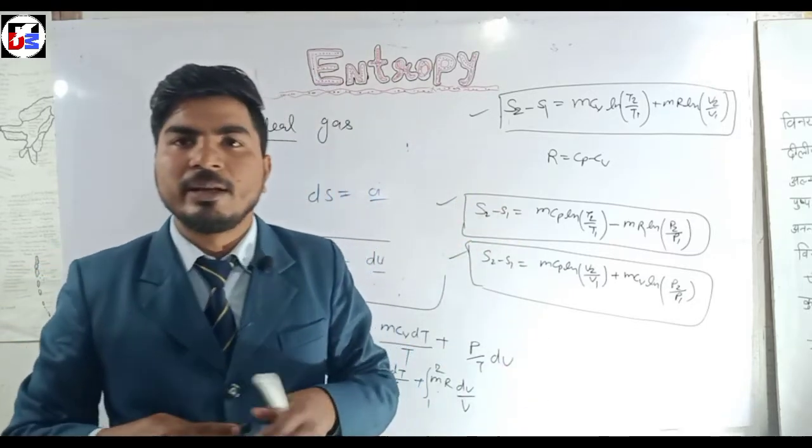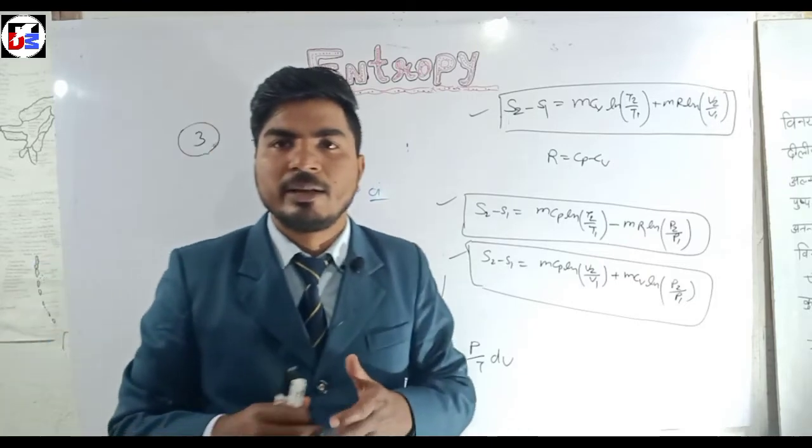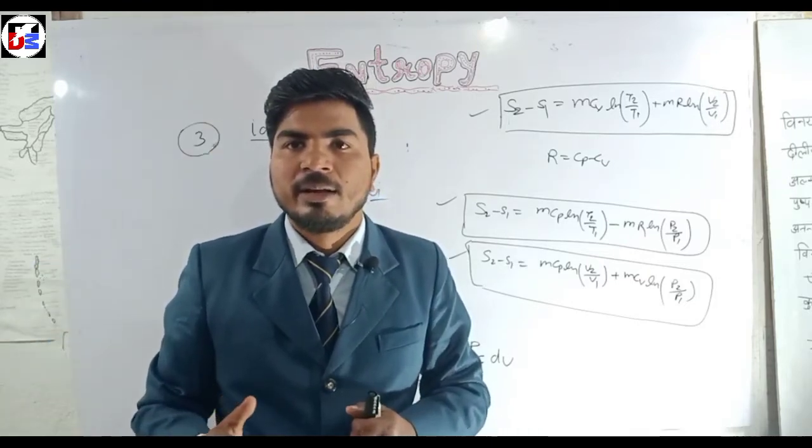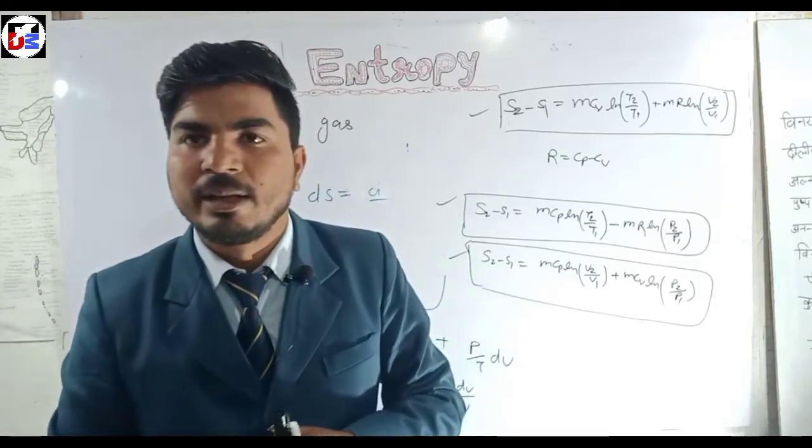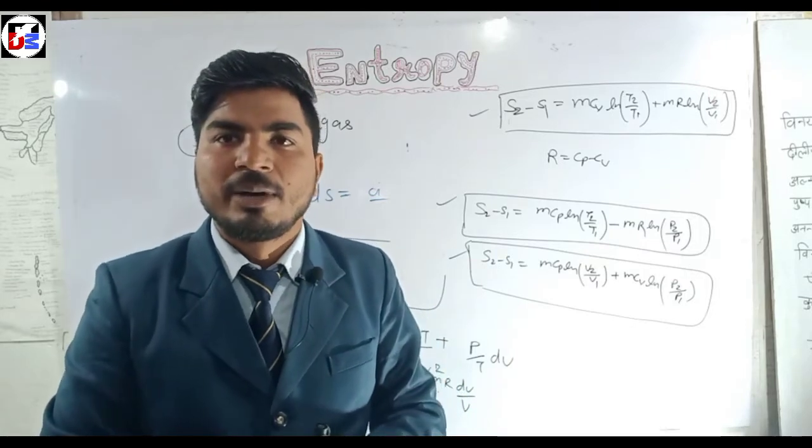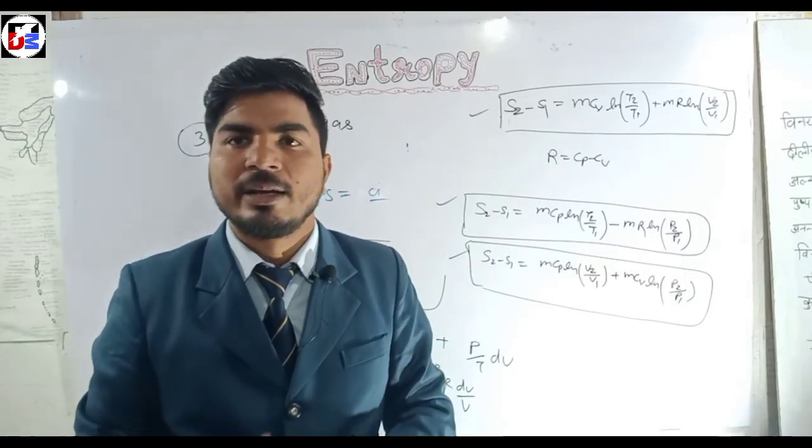So we have seen three types of conditions in the reversible case for how to calculate entropy change. This is very helpful for question solving in the entropy chapter.